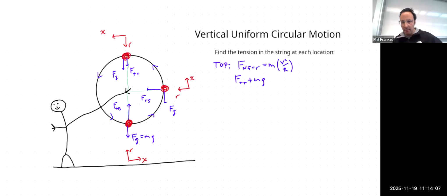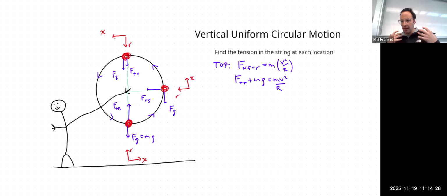They both help each other out, pulling the object to the middle of the circle. And so they sum to mv squared over r, the value that the centripetal force must have. So in this case, the sum of the tension and gravity is what we call the centripetal force. Remember, the centripetal force is not an additional extra force.